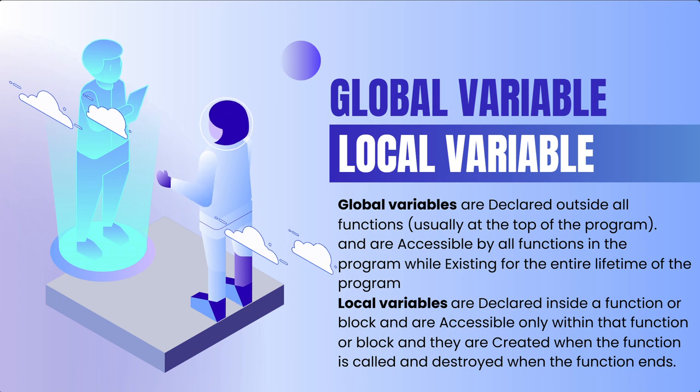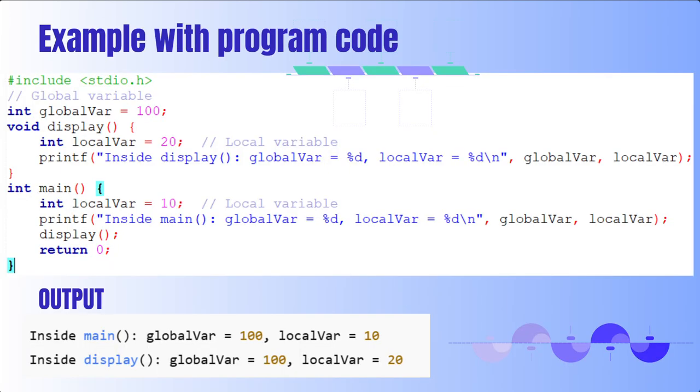Moving on, we have an example with code for a global variable and a local variable. Here the global variable is global var, which equals 100, and void display is a function to display an int local variable. We are declaring it as 20, and then the global variable is printed as 100 and the local variable is printed as 10. This is the output.